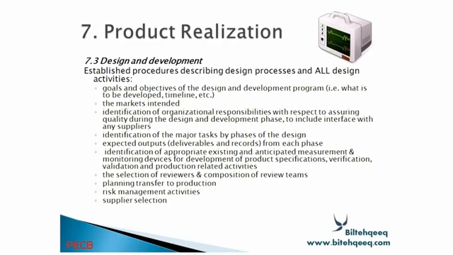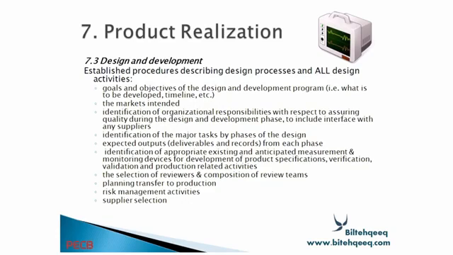And 7.3 is related to design and development, which states established procedure describe design process and all design activities, goals and objective of the design and development program, what is to be developed, and timeline. The market's intended identification of organization responsibility with respect to ensuring quality during the design and development phase to include interface with any suppliers.